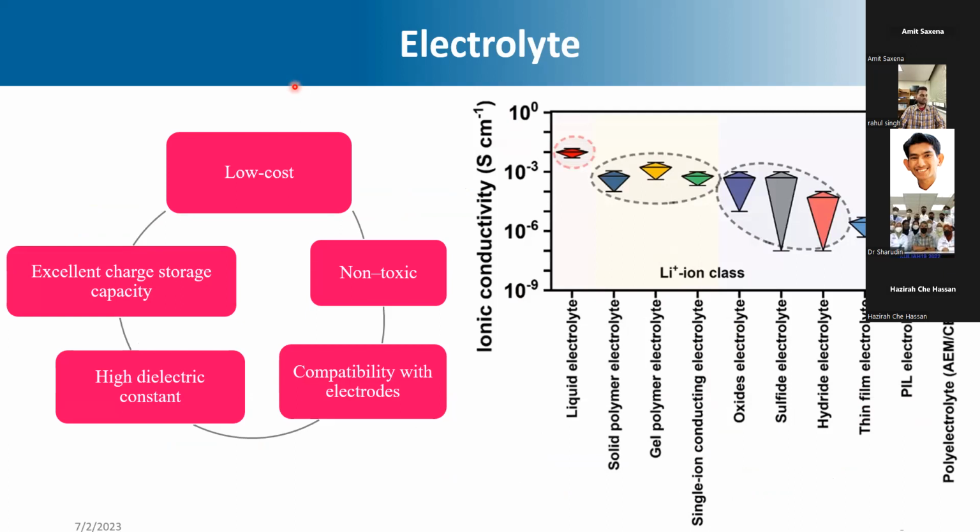It should be non-toxic, safe, and compatible with the electrode, meaning there should not be grain boundaries between electrode and electrolyte. So there should be good compatibility. A high dielectric constant should be there, and excellent charge storage capacity should be there.